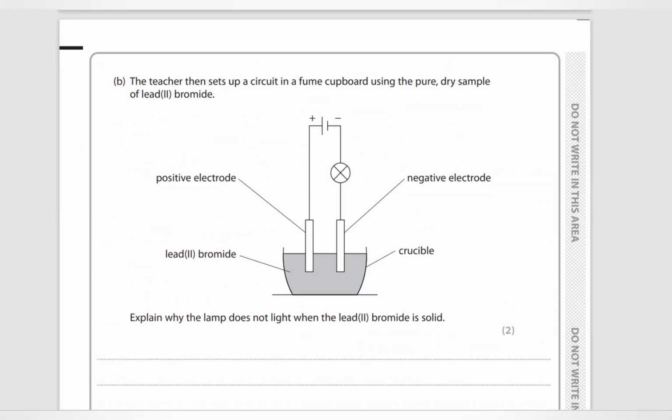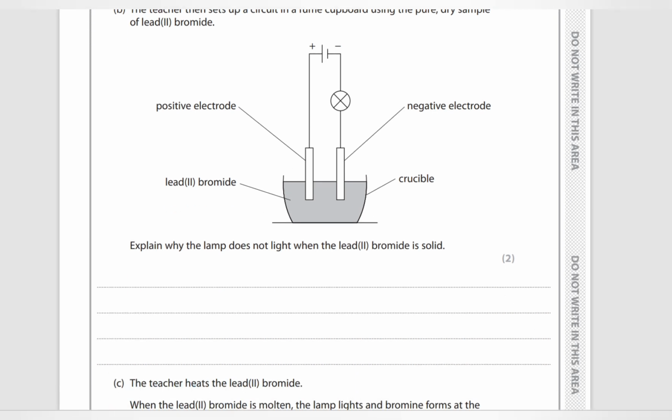Part B, the teacher then sets up a circuit using the pure dry sample of lead(II) bromide. Explain why the lamp does not light when lead(II) bromide is solid. We know whenever ionic compounds are solid, the ions are not free to move. And if the charged ions are not free to move, they won't carry electricity to light the bulb.